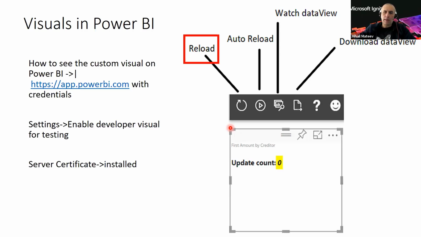But when you have embedded capacity, it is also pretty important. You have also auto reload. You have watch. Watch is important to be possible to see exactly what you have in your data view.